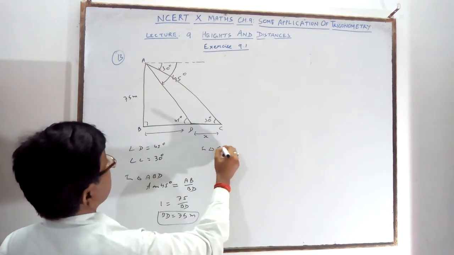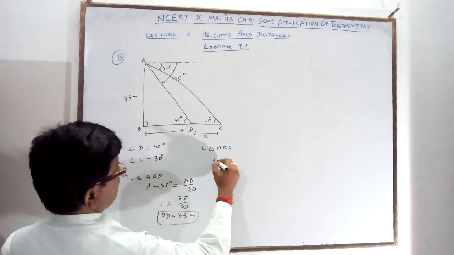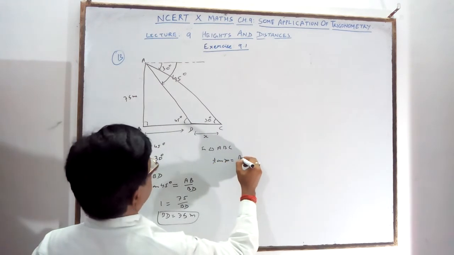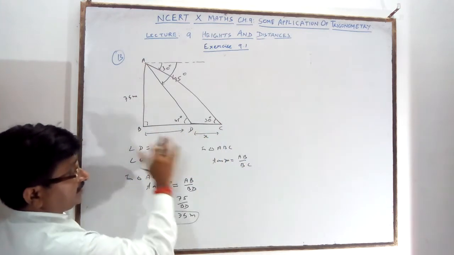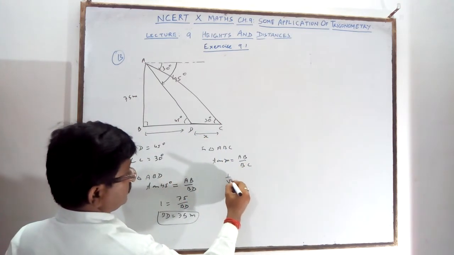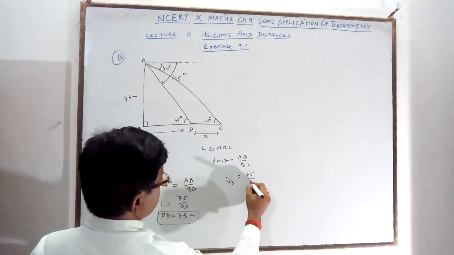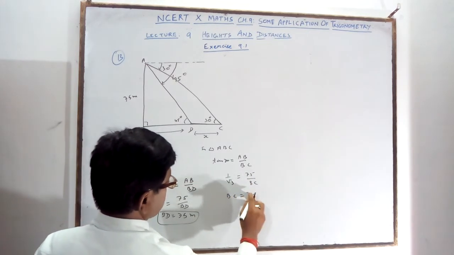In triangle ABC, tan 30 is equal to again AB by BC, not CD, BC, the full line. So 1 by root 3 is equal to 75 upon BC. So BC is equal to 75 root 3.